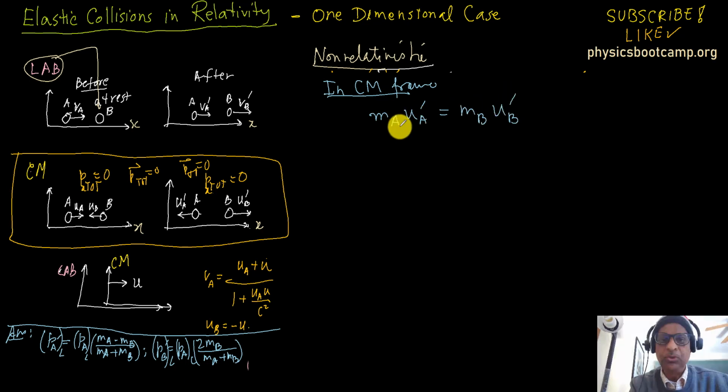I'm using U for it, and U and V are related. You've got to relate them in a non-relativistic way. So in the non-relativistic way, CM is going with some U, which is equal to minus UB. So these are related with each other. It used to be at rest. Now it's going with UB backward.